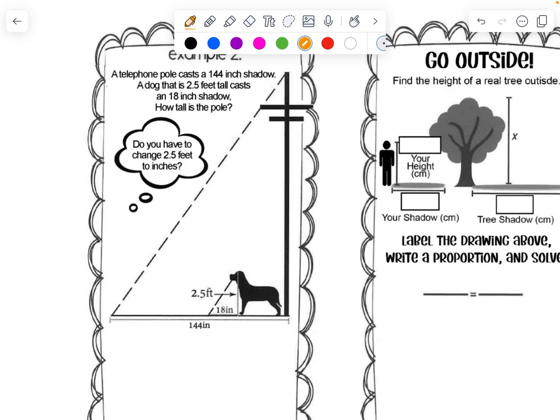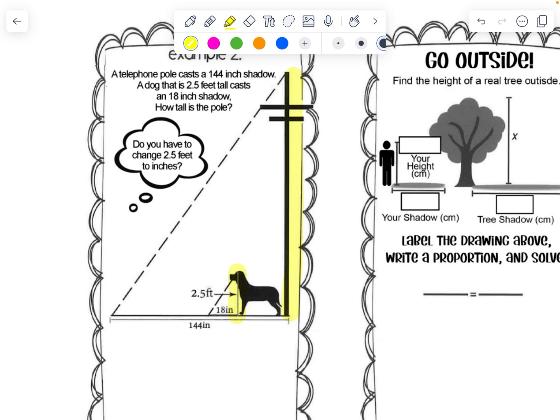Is a great question. So we know that rates can be used with different units. So let's try it first without changing it. We have the height of the dog is 2.5 feet. The height of the pole, I'm going to do that in a different color. I'm going to say the shadow of the dog is 18 inches, and then height of the pole we don't know, and the shadow is 144.